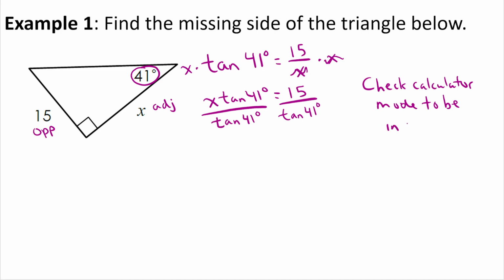If your mode is wrong and it's saying radians, please change that, because if you don't change it to degrees mode, your answer will be wrong from what I get. So once I do the work and plug it into a calculator, x gives me 17.3. Preferably, when it's not an exact value or a nice whole number, I prefer rounding to one decimal place. So here it is, 17.3.